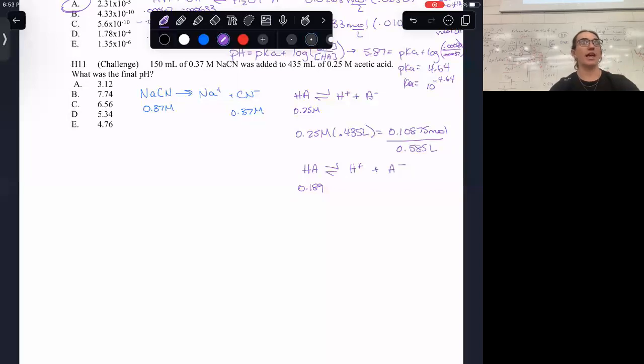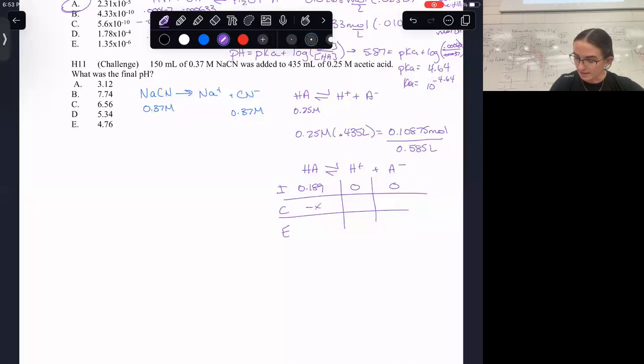Now we can use Ka to find how much H plus we have in solution, because the whole point of this is we're trying to find pH. So we need to know how much H plus is in solution. Same ICE table that we are used to, right? Initial is 0.189, 0 and 0.